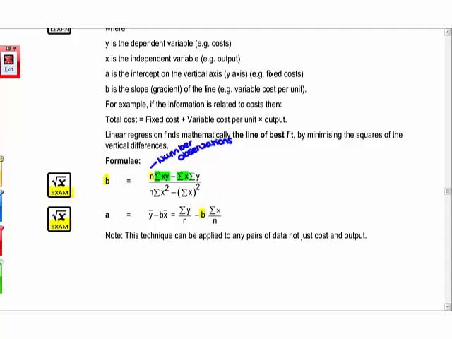Here we've got the total of the x column times by the total of the y column, and all of that is being taken away from the total of the xy column multiplied by n. And we're dividing that by the number of pairs of observations times by the total of the x squared column minus the total of the x column squared.